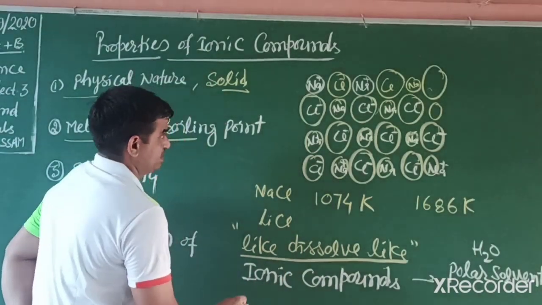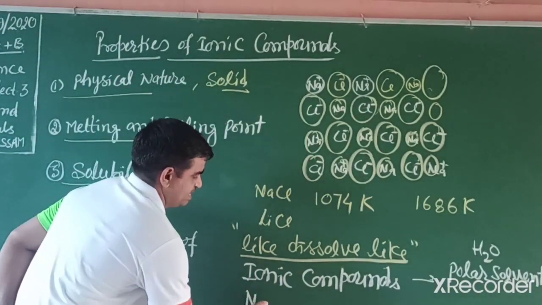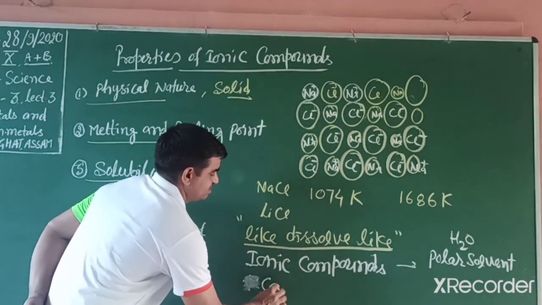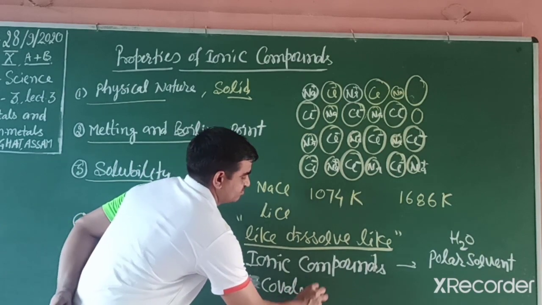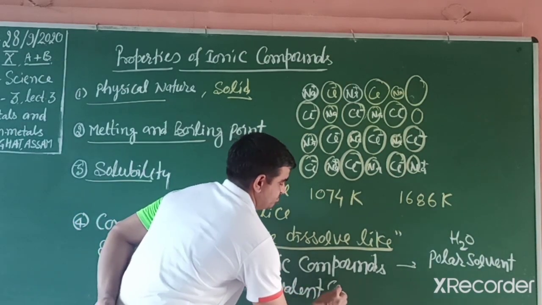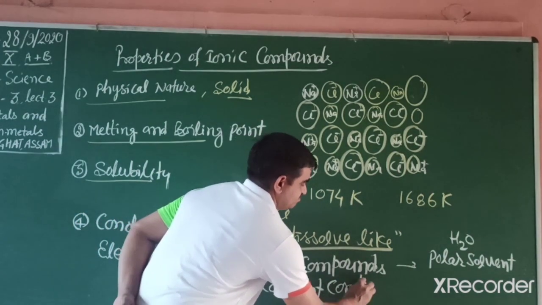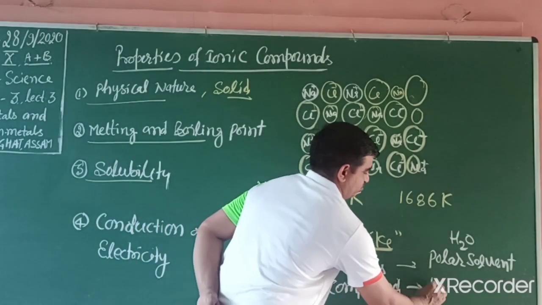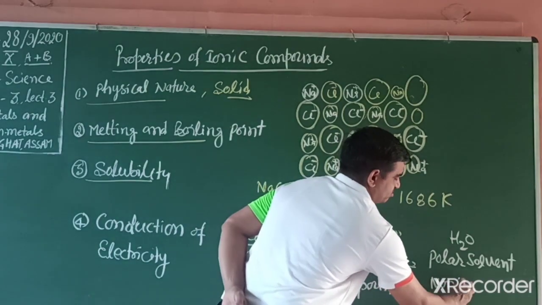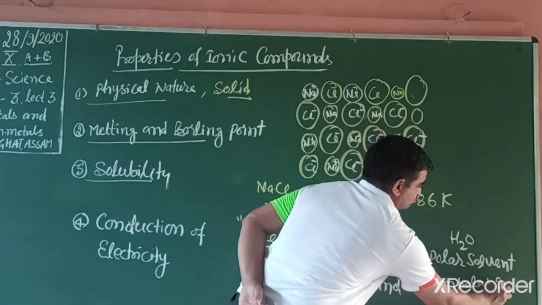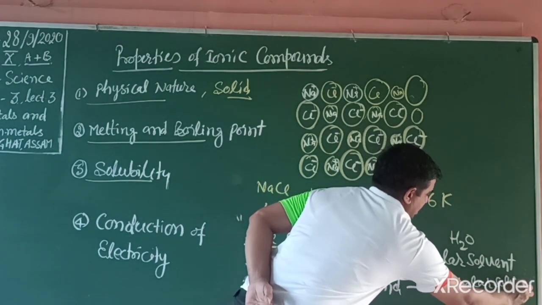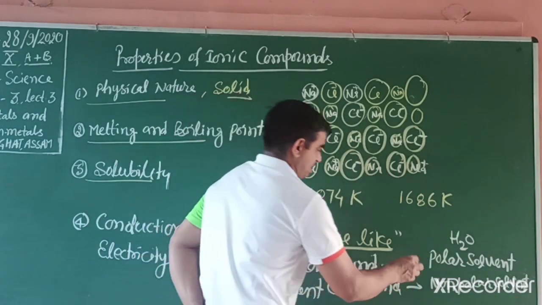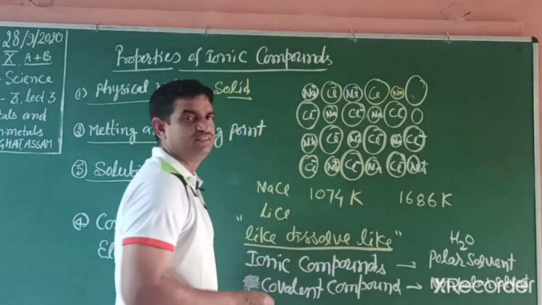And non-ionic compounds, or we can say covalent compounds, are soluble in non-polar solvents. Non-polar solvents are carbon tetrachloride, benzene, ether.